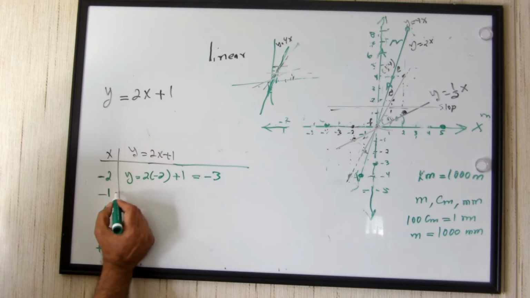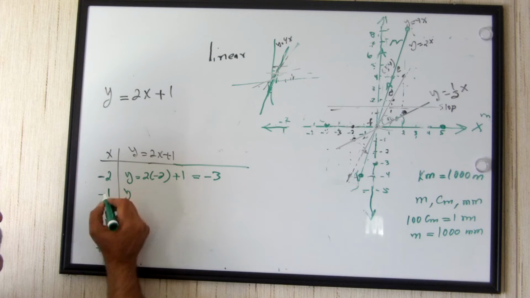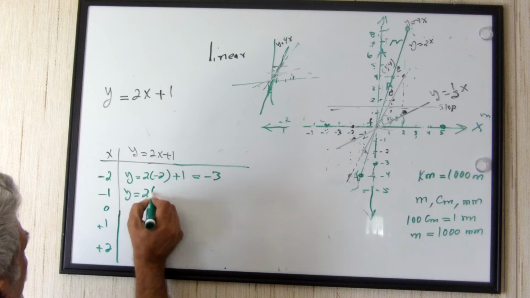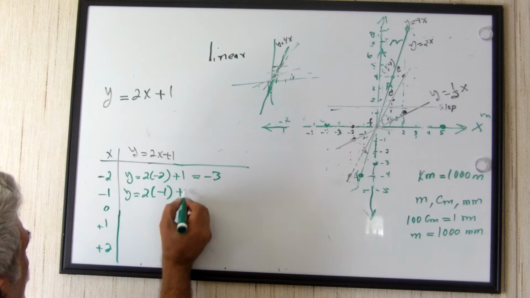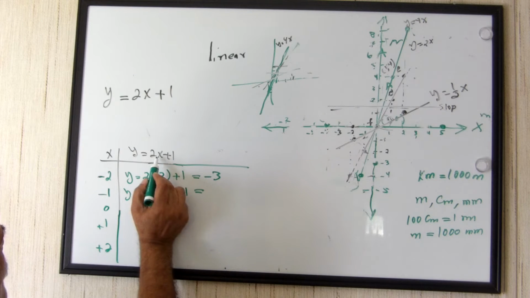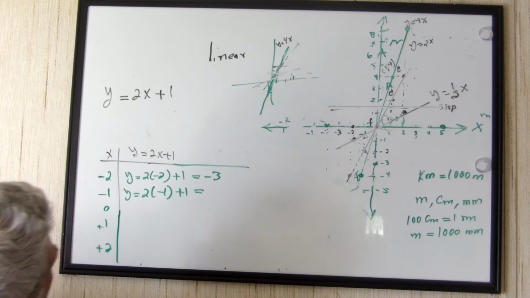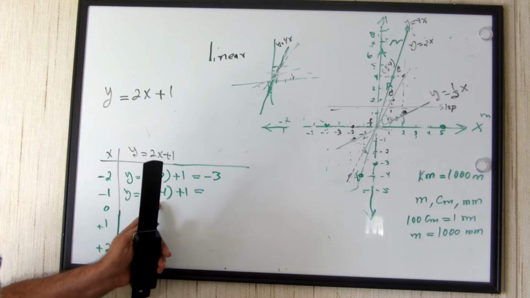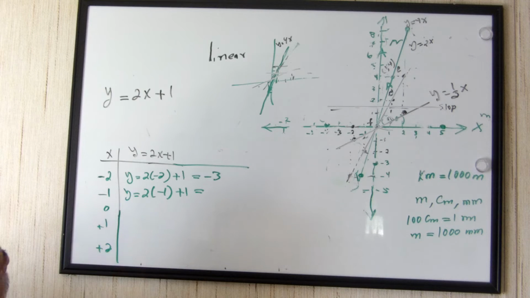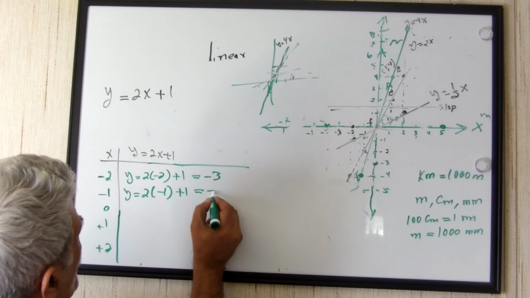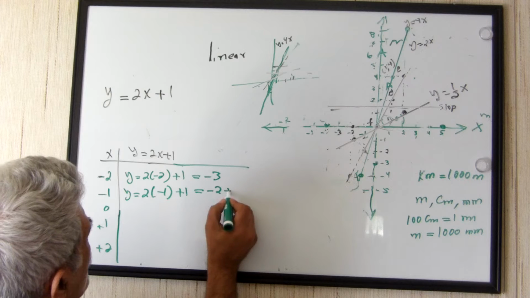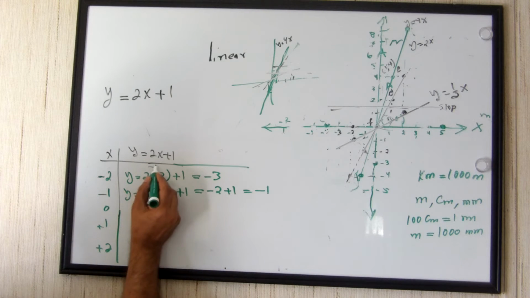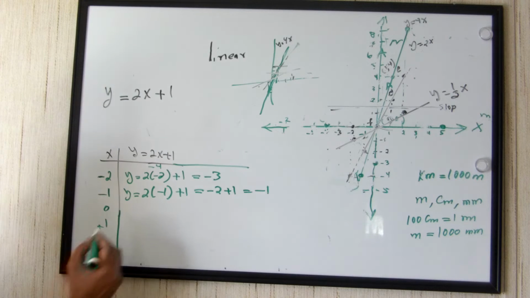We give minus 1. Instead of x, we put minus 1. Y is equal to 2 times minus 1 plus 1. We are just substituting. X the first time is minus 2, the second time minus 1. 2 times minus 1 is minus 2, plus 1 is equal to minus 1. And then 0.